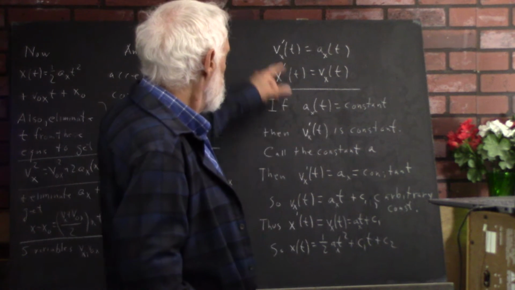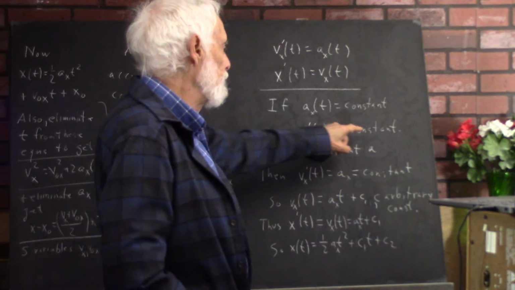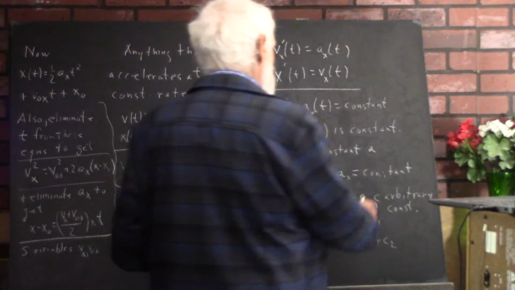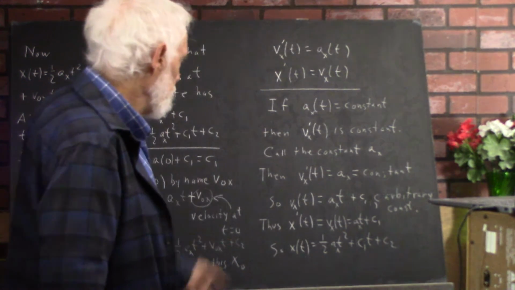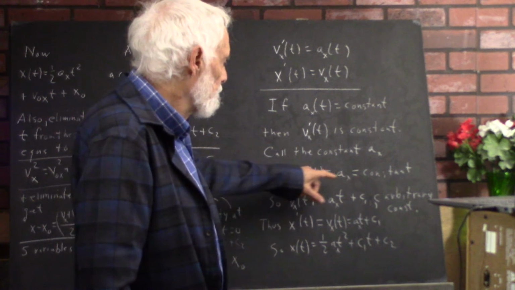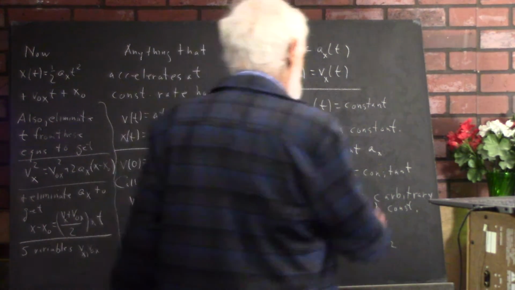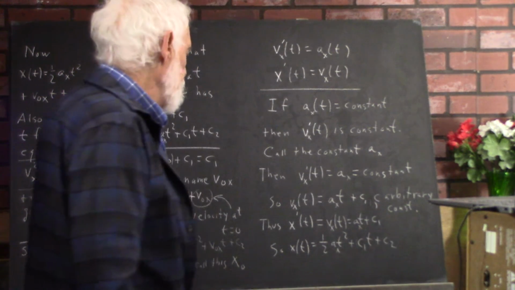So, anyhow, if our x acceleration is constant, then that means what? Well, that means that the derivative of your velocity function is constant. And if we call the constant a sub x, then we get v sub x prime equal a sub x being a constant quantity.